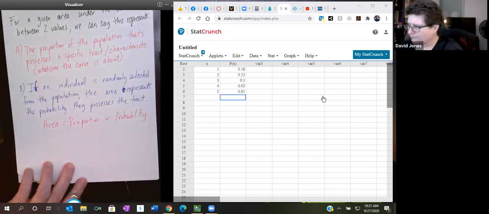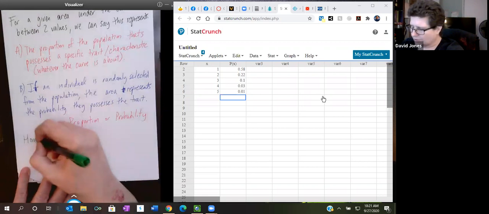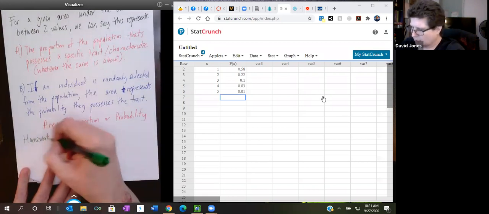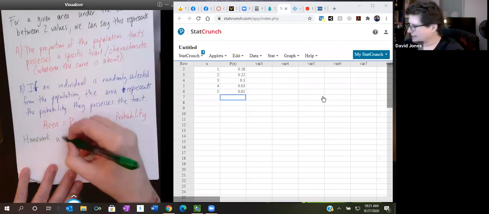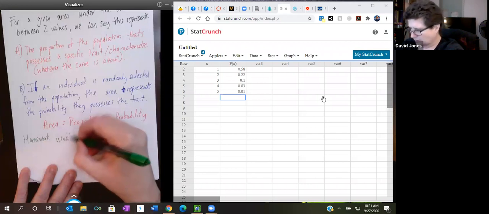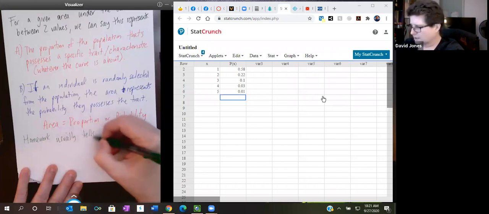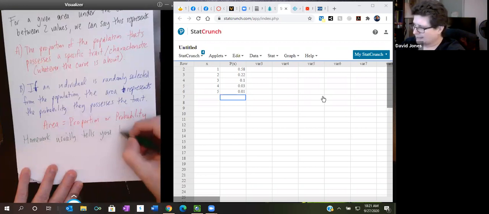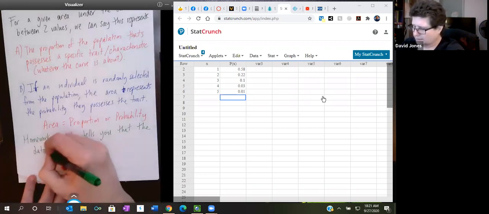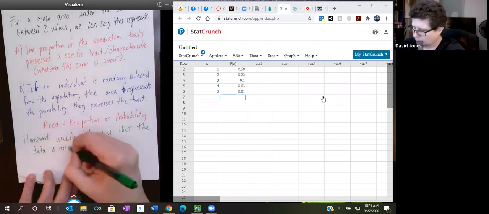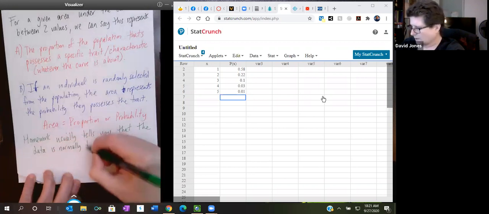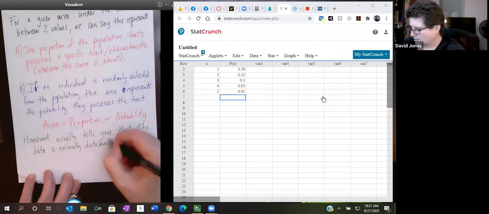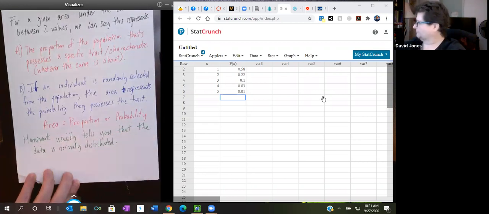And when it follows a normal distribution, the homework usually tells you that the data is normally distributed. Okay.